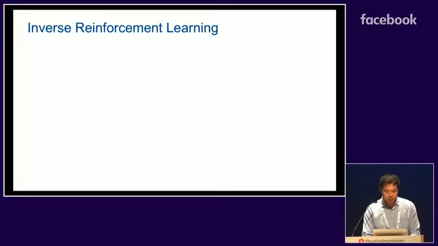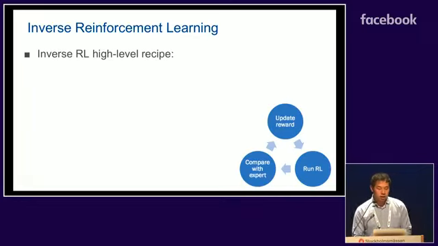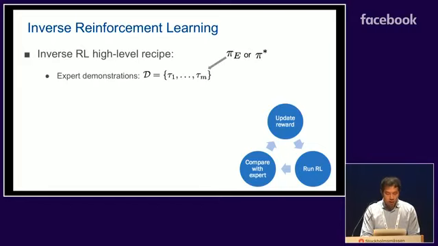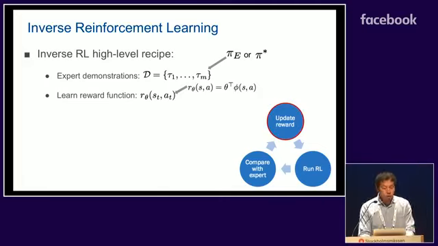So we'll dive into the technical detail of a few algorithms, but here is a general recipe for inverse reinforcement learning. We start with some demonstration from the expert. The expert is generally assumed to be optimal or near optimal. And then we parameterize our unknown reward function R by theta. We start out with a simple case where the reward is a linear function of known features.